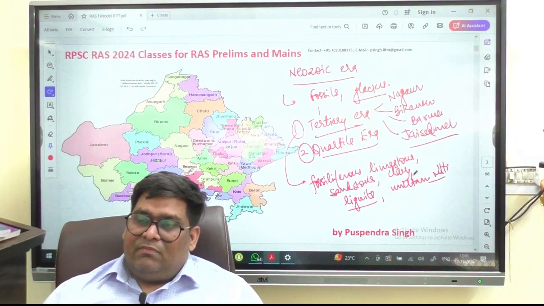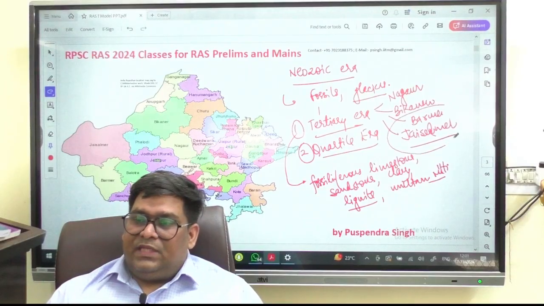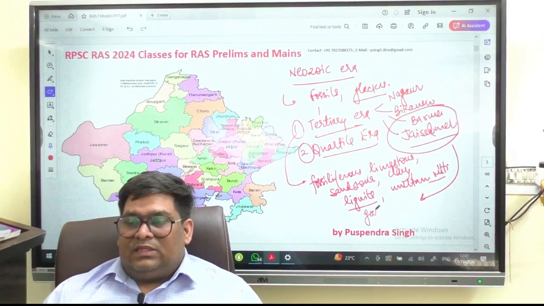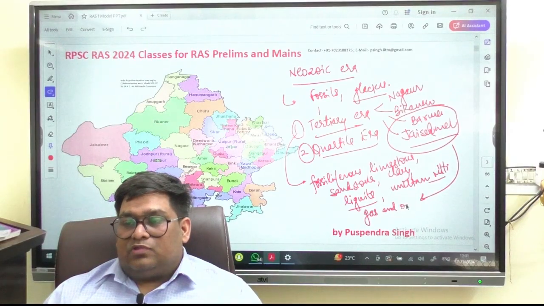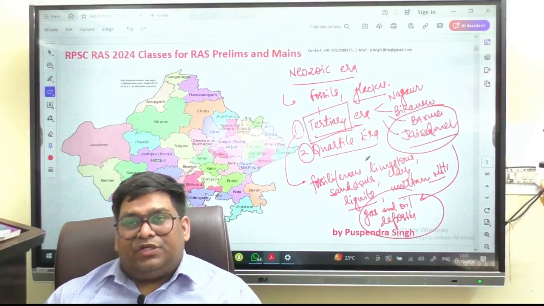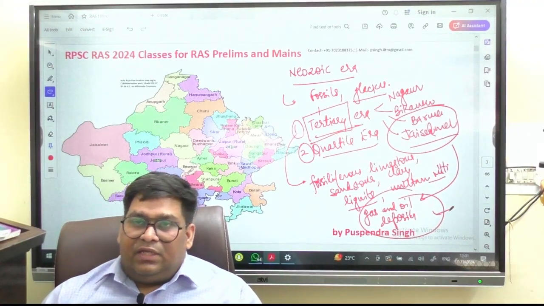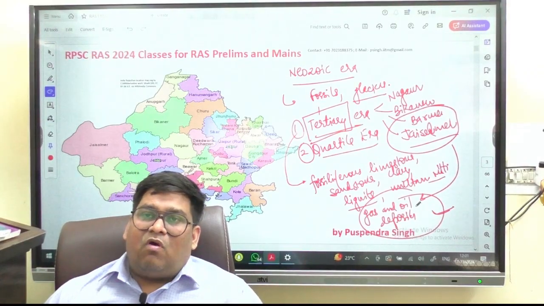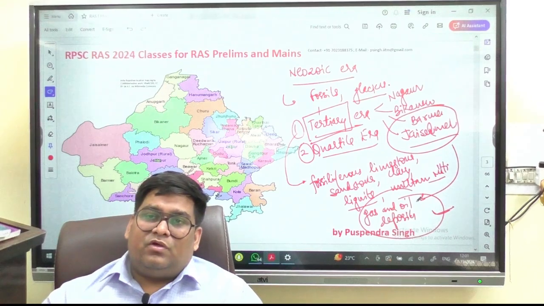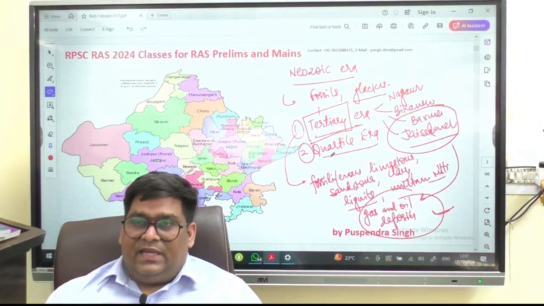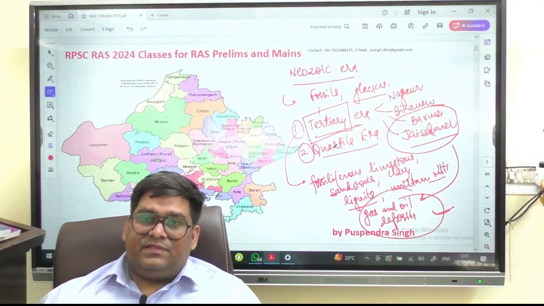In the Barmer Jaisalmer area, you will also find gas and oil deposits. These gas and oil deposits belong to the Tertiary era. Today ONGC is involved in the extraction of the oil and gas deposits. Next, the second era, the Quaternary era.